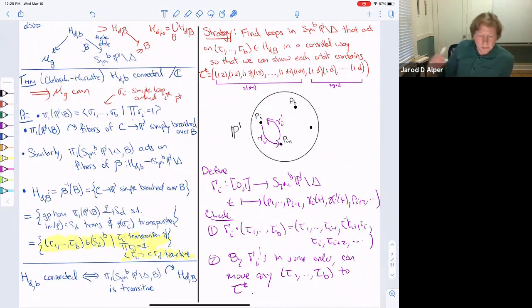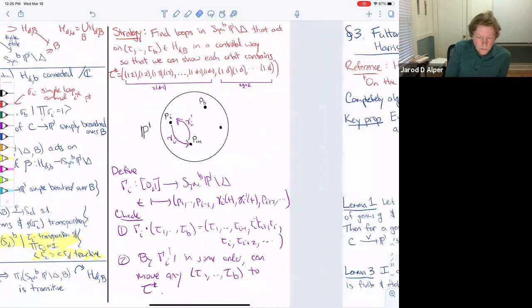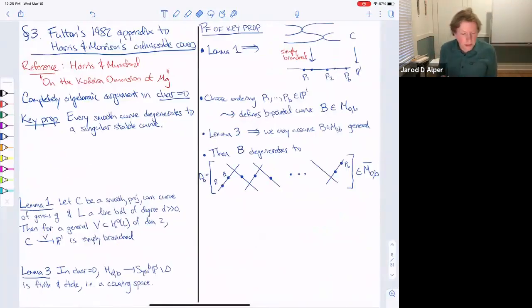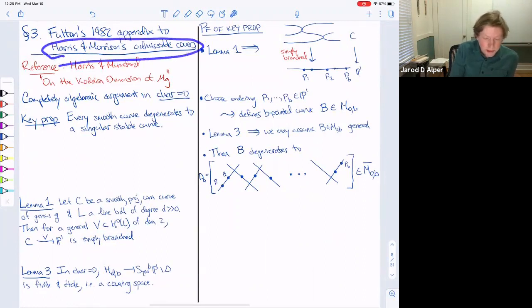Okay, so this was characteristic 0, relying on the Riemann existence theorem, but now I'm going to give a fully algebraic argument in characteristic 0. And then at the end, I'll summarize how you can get the characteristic p statements. This is a nice idea using the boundary that appears as an application of Harris-Mumford's admissible covers.